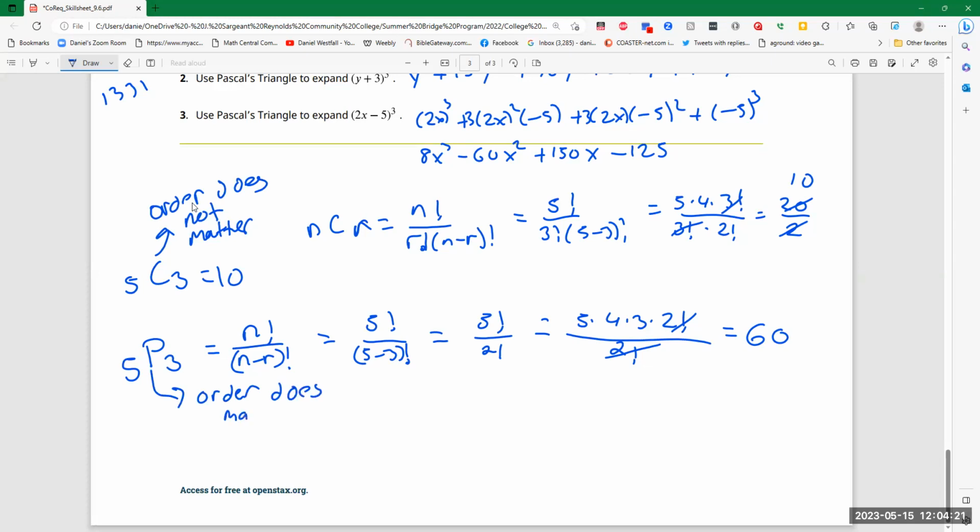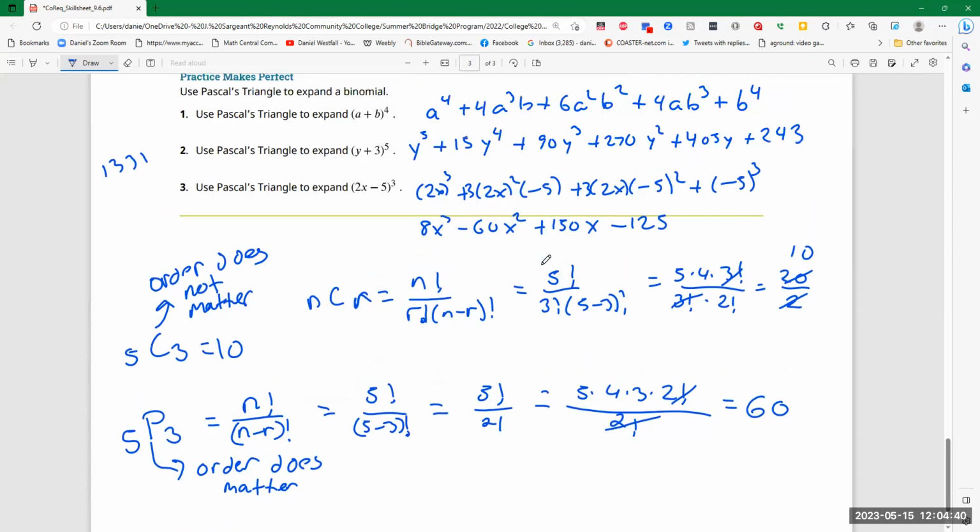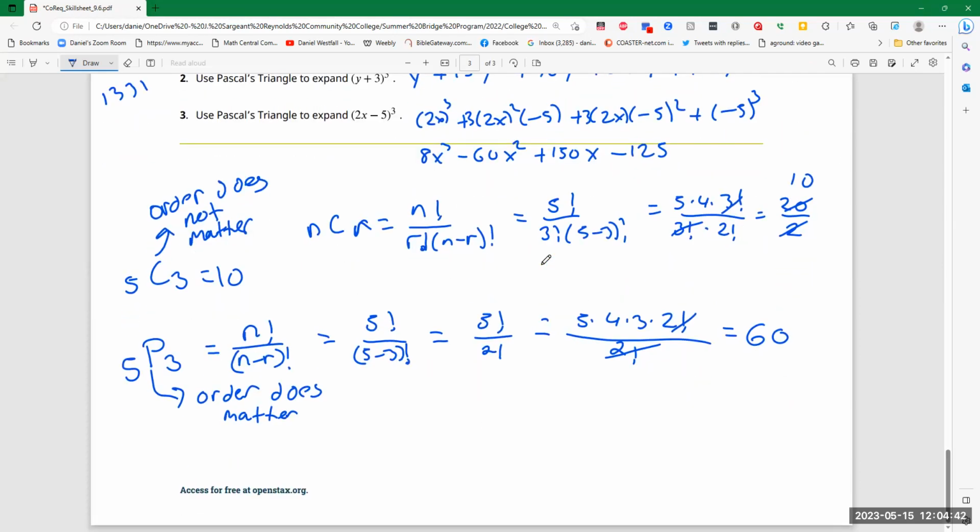We may have a worksheet coming up later specifically about combinations and permutations that may go over that entirely on its own, either from this textbook, or I may pull something else from online, just because it's such an important topic in statistics to know how to count things when order matters and when order does not matter.